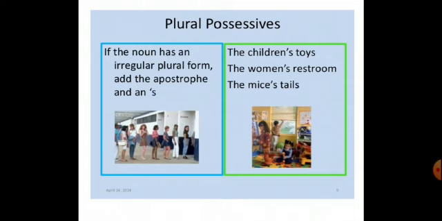I have to treat the irregular noun exactly like the singular noun by adding the apostrophe and then S, because it will now be a new word.